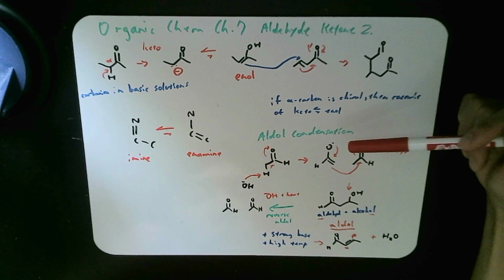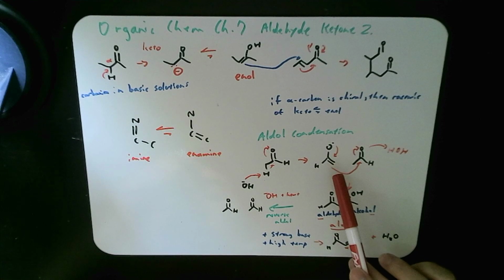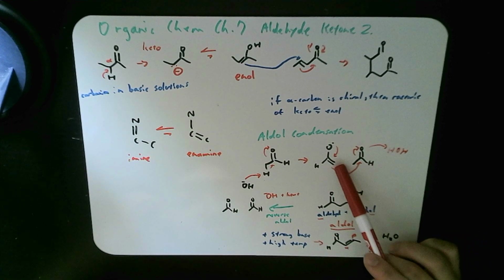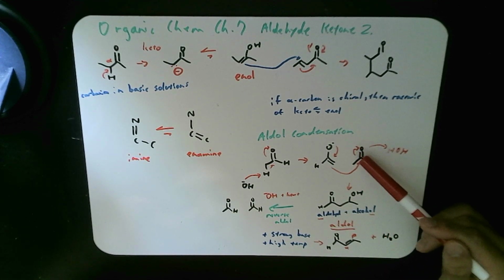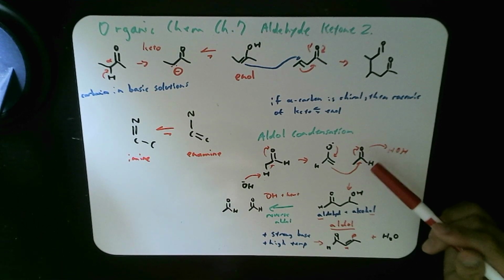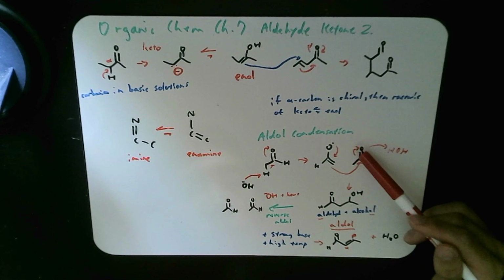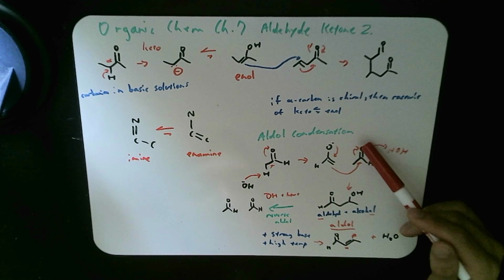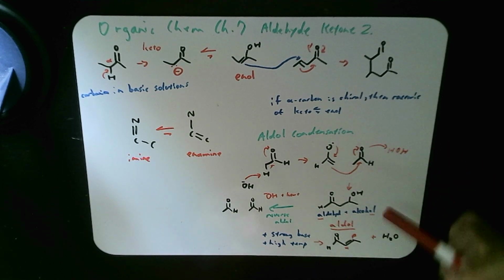Then we have the aldol condensation, which means that the aldol, after making the enol form, the enol carbon, alpha carbon will then attack the central point of the carbonyl carbon, and then it will form a new bond here and push the carbonyl carbon's double bond into the O, and that O will then go ahead and grab another hydrogen and turn into OH.